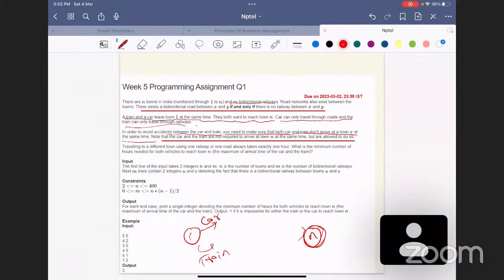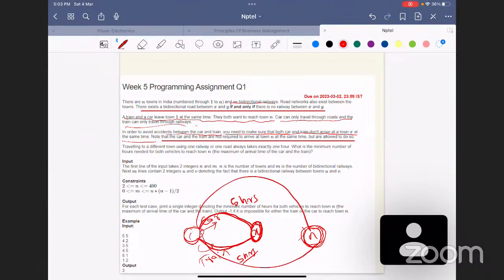If the car and train start from town 1 and the destination is town N, then at some town X, to avoid accidents, both cannot reach this town X simultaneously. If the car reaches town X in 5 hours, then the train cannot reach X in 5 hours. It should take either fewer hours or more hours, because we want to avoid accidents between them.